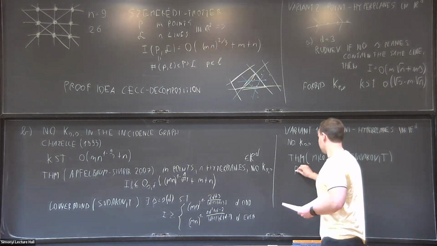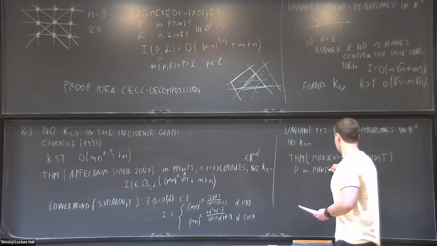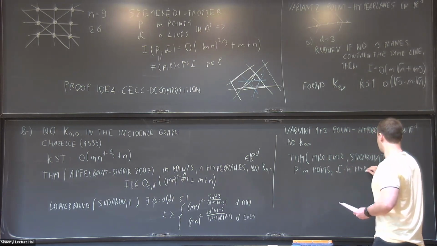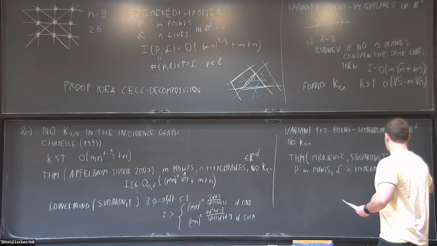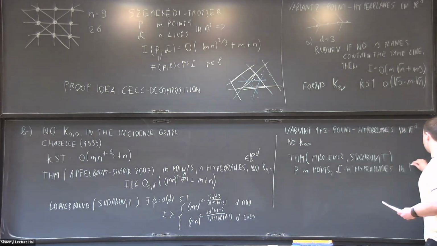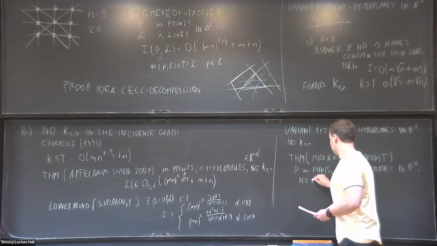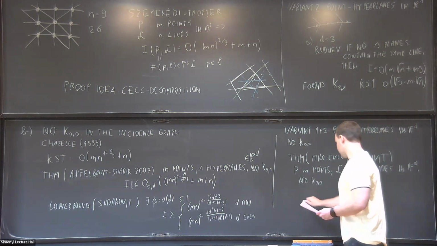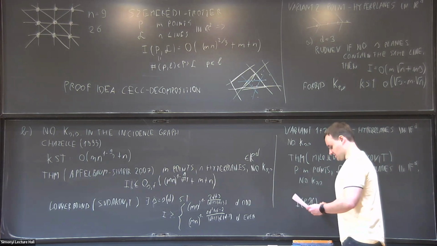So we show that if P is m points and L is n hyperplanes in F to the d, and no K_{s,s} in the incidence graph, then the number of incidences is bounded by.